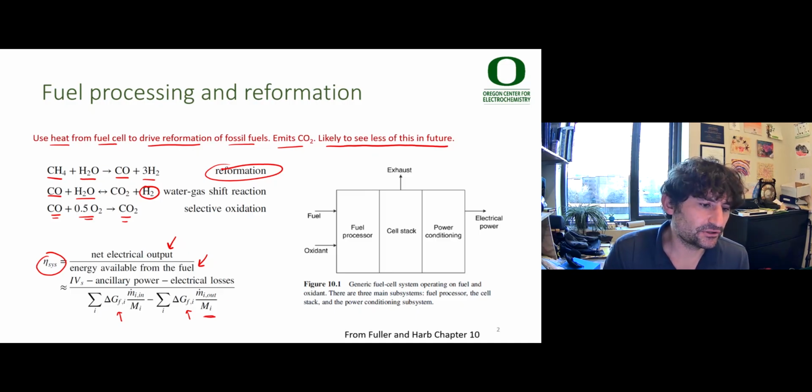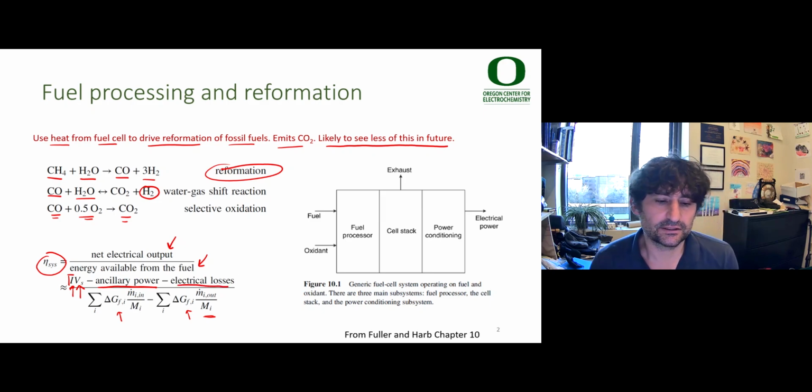And the net electrical output here in the numerator is just the total current flowing through the cell times the stack voltage. The stack voltage is going to be the sum of all the individual cells in the stack. We'll get there. Minus the power you need to run the ancillary systems and electrical losses in the cell.